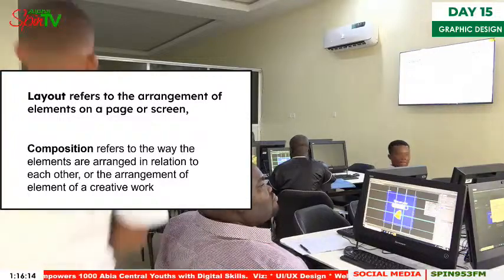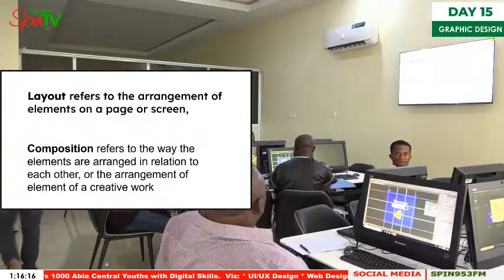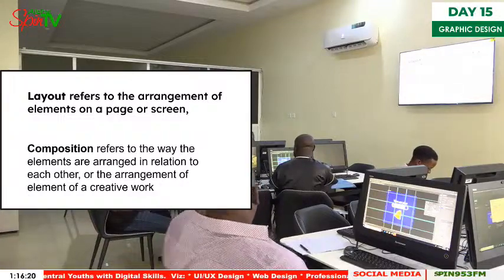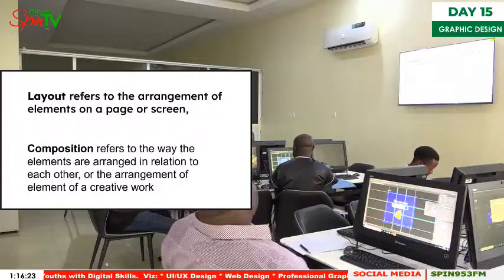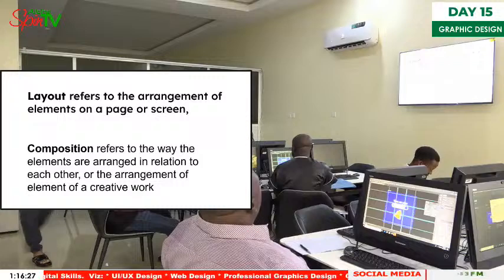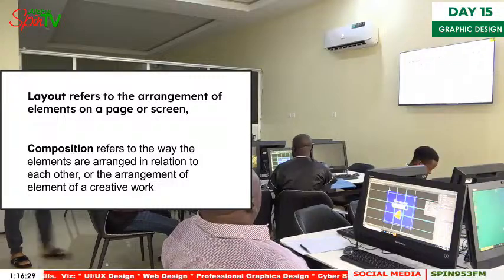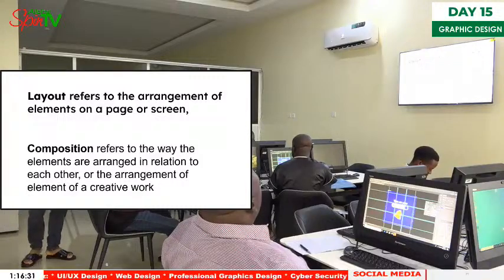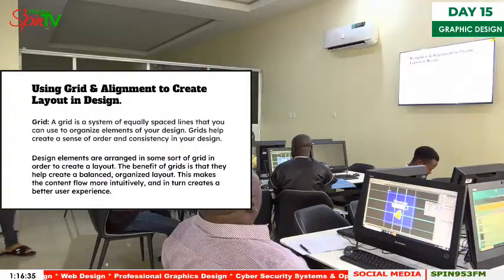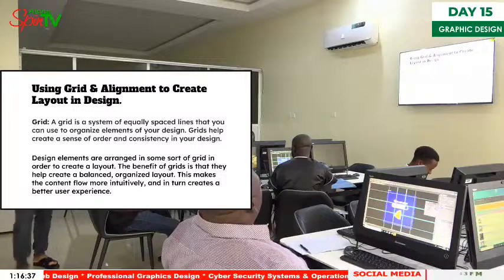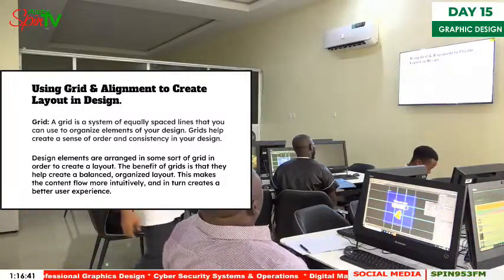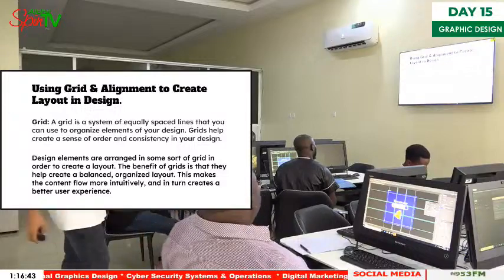So we've said that layout refers to the arrangement of elements on a page or screen, and composition refers to the way the elements are arranged in relation to each other, or the arrangement of elements of a creative work. Are we together? Now moving on, we say using grid and alignment to create layout in design. What we use to create layouts are grids and alignment.